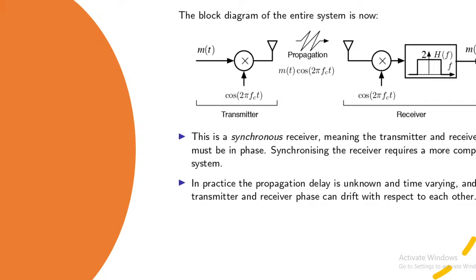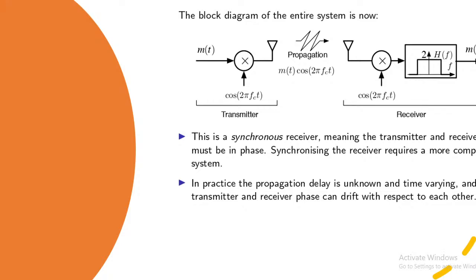Multiply that again with cos 2 pi fct at the receiver end. Then use a low pass filter H(f). Use an active low pass filter, so it will be amplified. You are receiving half of m(t), so amplify it by 2 times, and that will give you m(t).